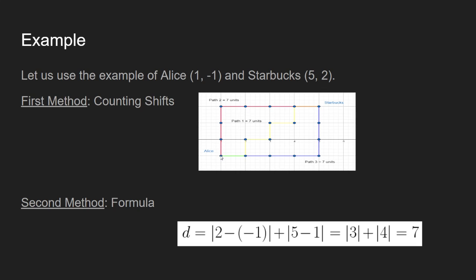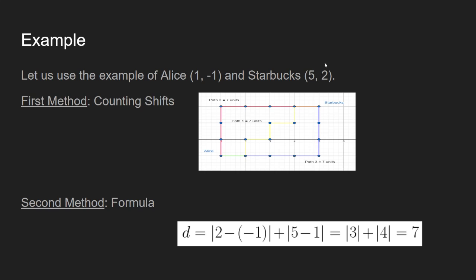So let's say Alice gets into her taxi, and then we just count 1, 2, 3, 4, 5, 6, 7. So we know the taxi goes through 7 units of road before we get to our place. The other way is by the formula.